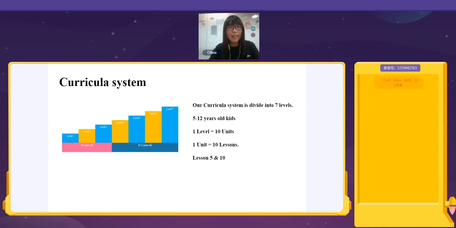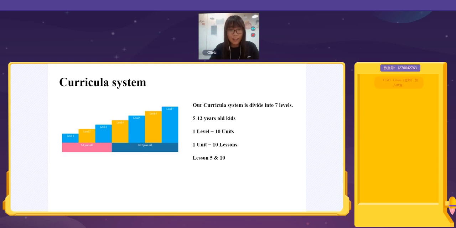Lesson 5 tests the learning aims of Lessons 1 to 4, and Lesson 10 tests the whole learning aims of this unit.